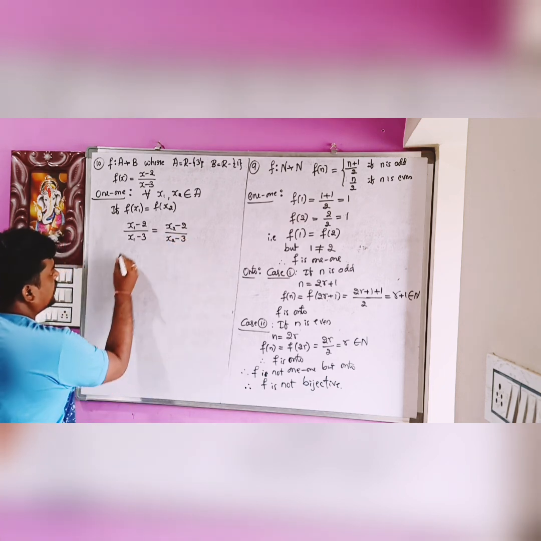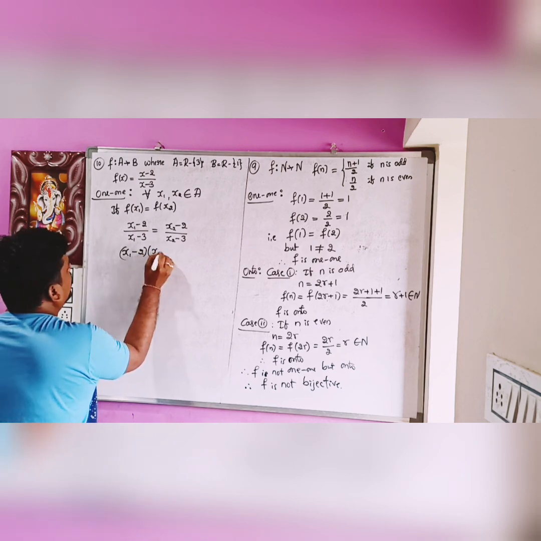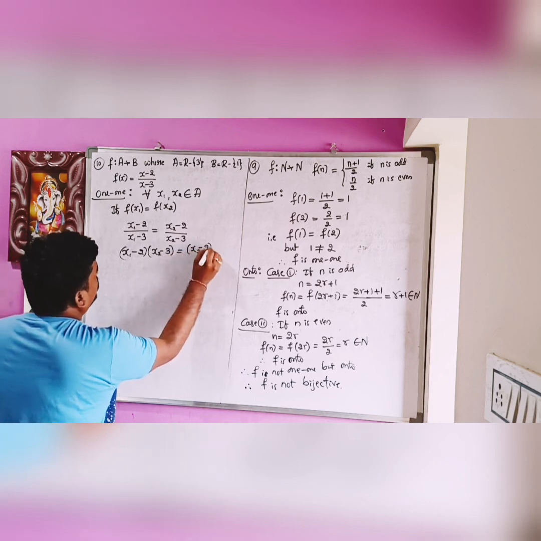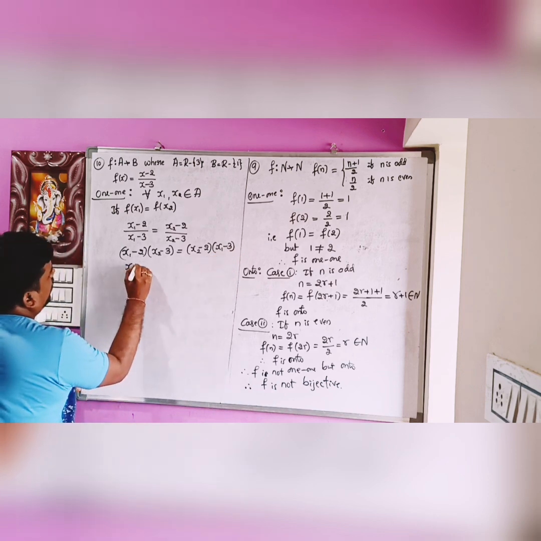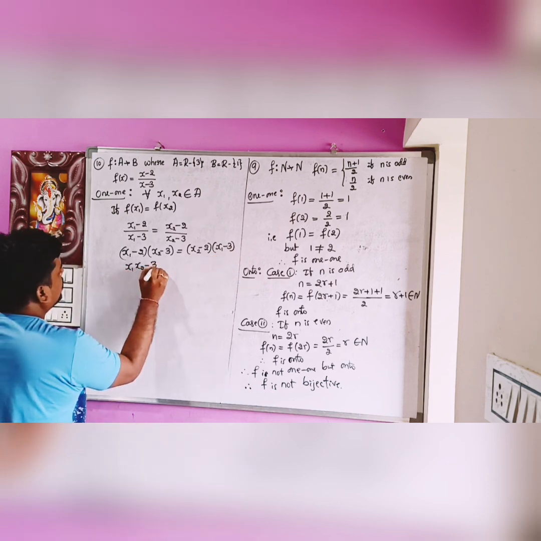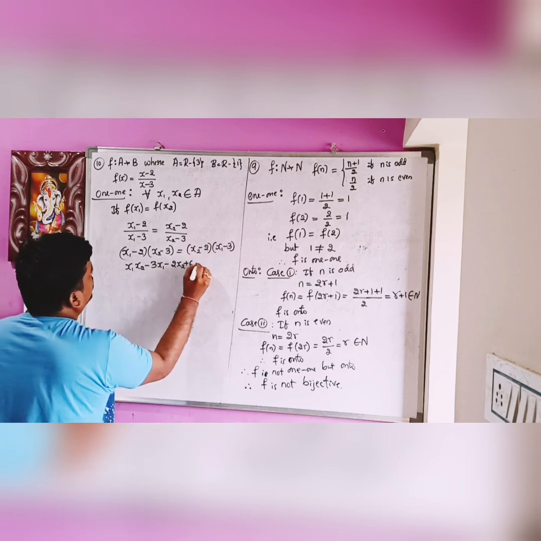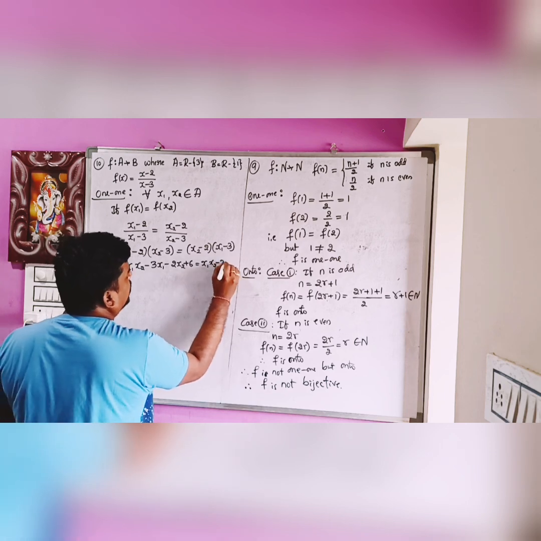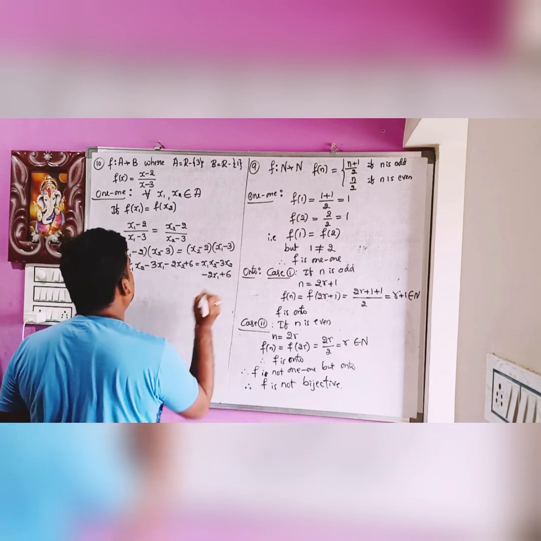Now cross multiply: x1 minus 2 into x2 minus 3 equals x2 minus 2 into x1 minus 3. Multiplying: x1x2 minus 3x1 minus 2x2 plus 6 equals x1x2 minus 3x2 minus 2x1 plus 6.